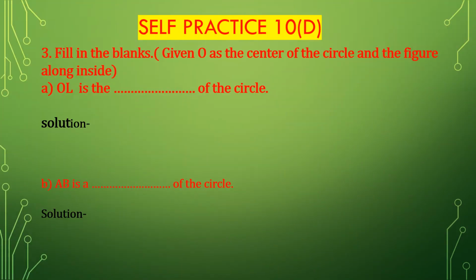Now we will solve question number 3. Fill in the blanks. Given O is the center of the circle and the figure along inside. OL is the dash of the circle. First draw the given figure. This is a circle. This figure is given.